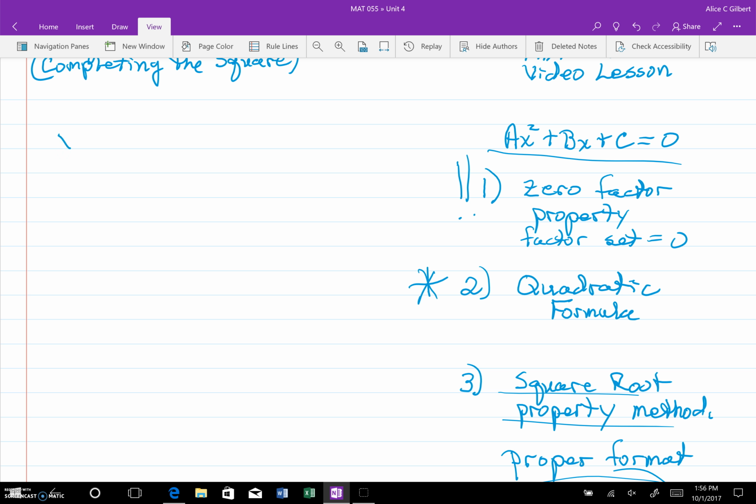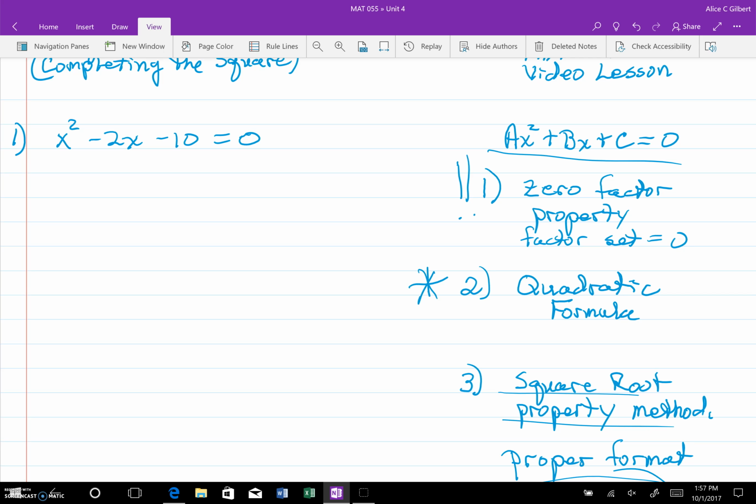So let's start. x squared minus 2x minus 10 equals 0. Okay, now we're going to assume with all of these examples that I'm going to show you that the directions have said you must use the square root property method to solve these. Okay, so I look at this.